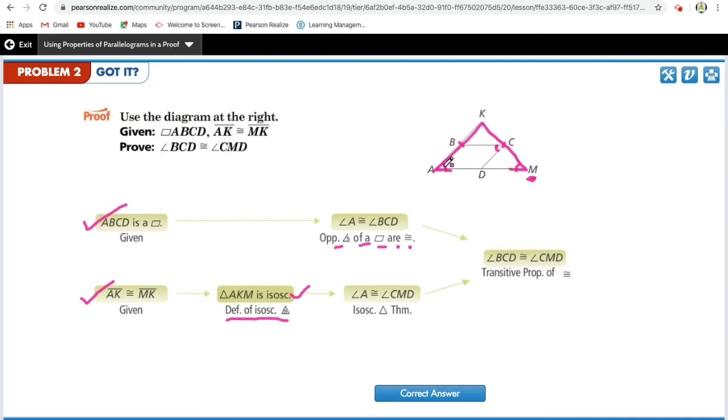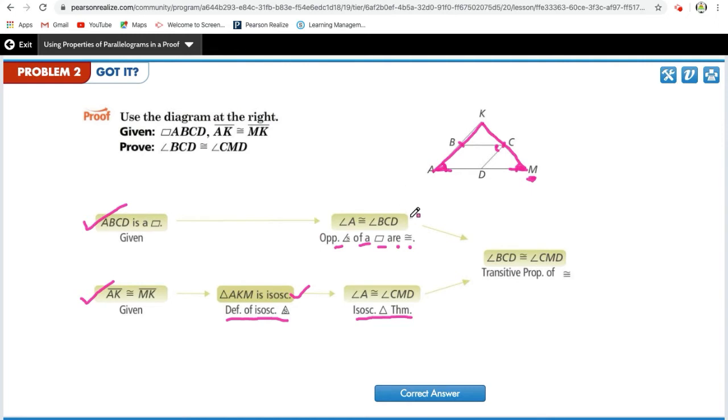Because the sides opposite them are congruent. That is the meaning of the isosceles triangle theorem: if this side is congruent to this side, the angles opposite them are also congruent. So angle M and angle A are congruent.